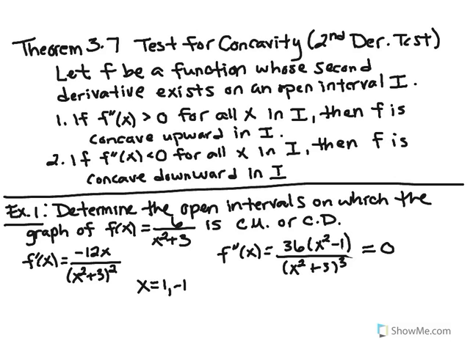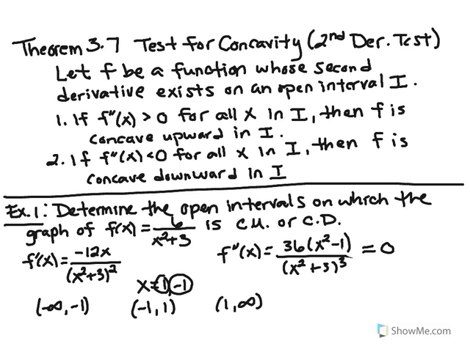So I'm going to set up my intervals here. The first one is from negative infinity all the way up to negative 1, because that's my first x value. My next interval is between negative 1 and positive 1, because that's the next x value that I have. And then the last one is from 1 to infinity.